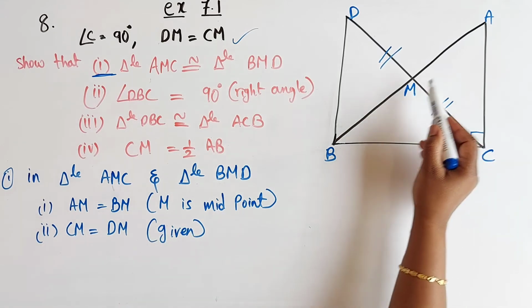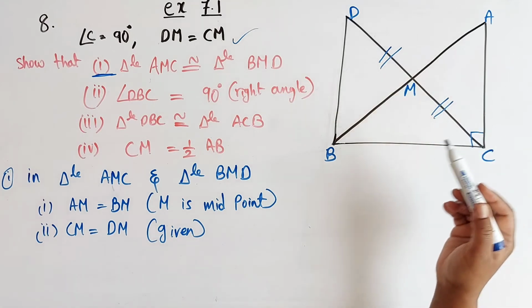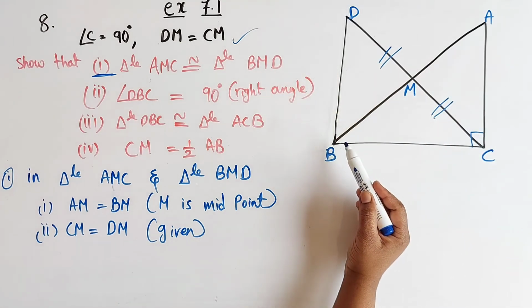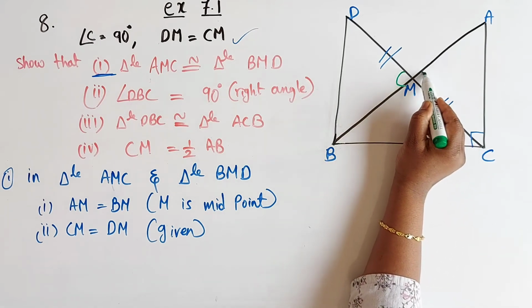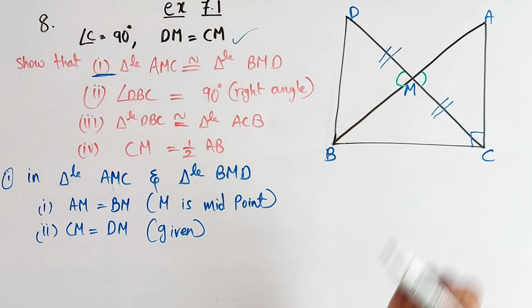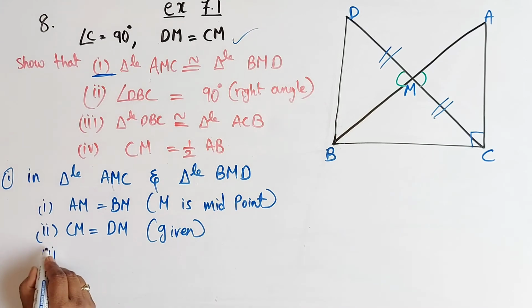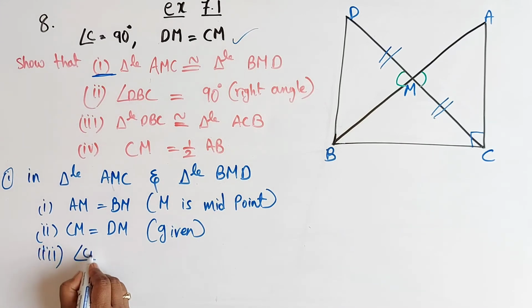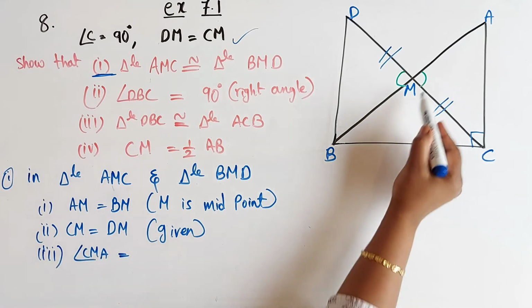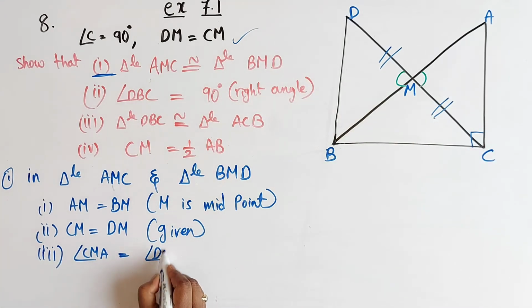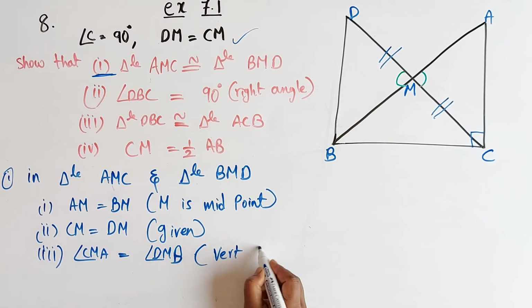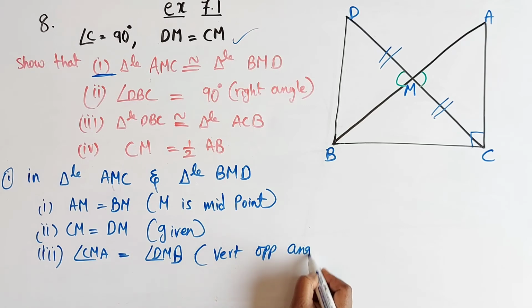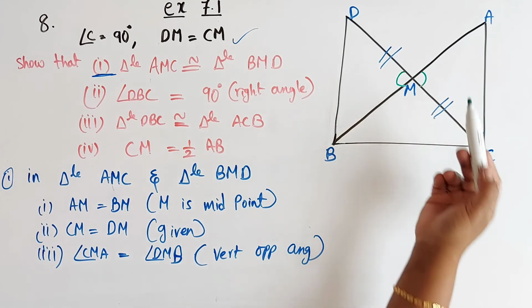Angle CMA is equal to angle DMB, because these both are vertically opposite angles. Now check, children, these both are vertically opposite angles. So I am writing angle CMA equal to angle DMB. Now see, two sides are equal and one angle is equal.